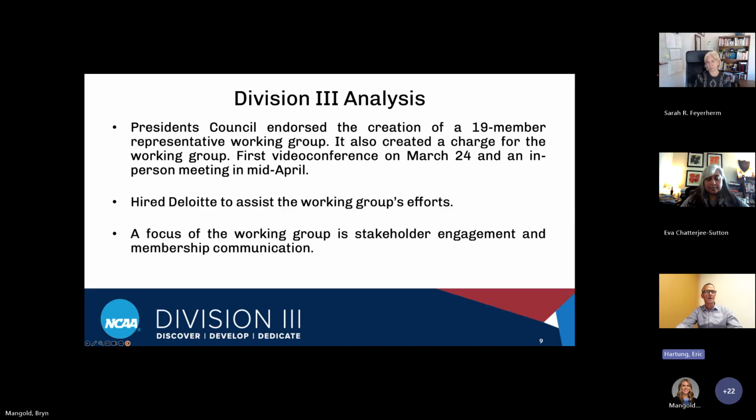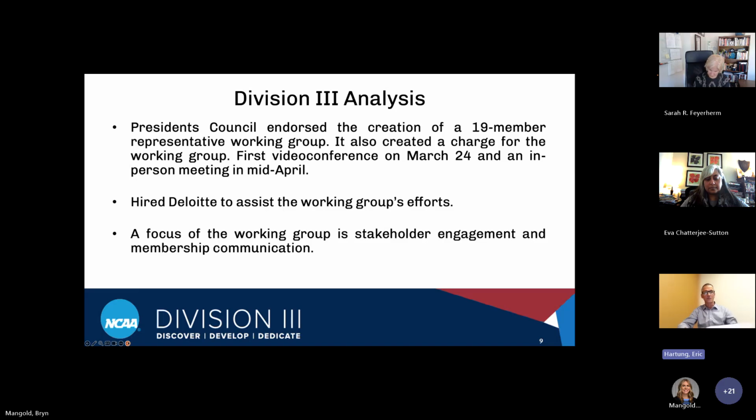Stakeholder engagement. These are not decisions and analyses that are going to be conducted just by a working group of 19 members that represent the division, but rather we're going to lean into the information from Deloitte, a true third party here, to arrive at a set of steps to move forward on.